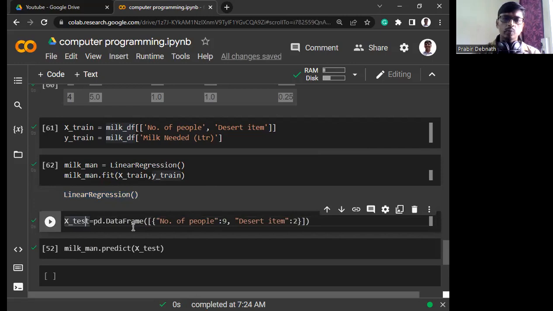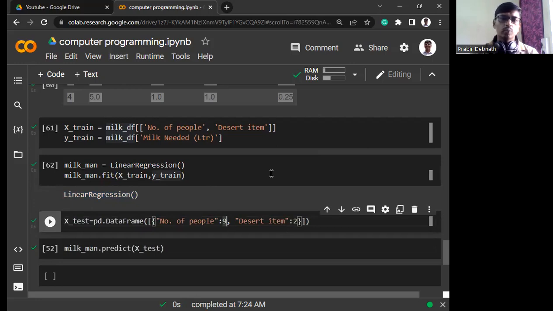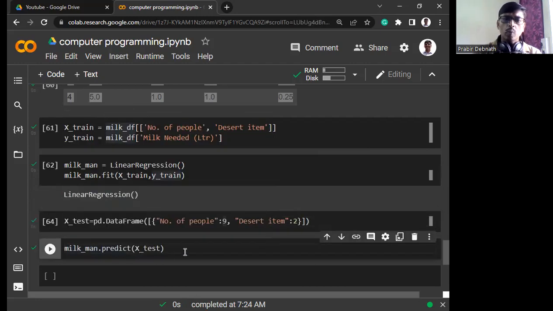Now check with the example of 9 people and 2 dessert items as we have used in the earlier example. Now see what is the prediction by my machine learning model.